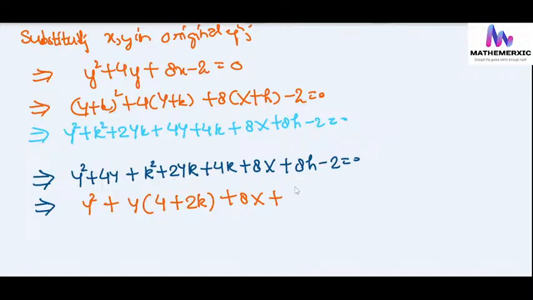There is an X term this way, and k is a constant here. Capital X is a variable here. So k square plus 4k plus 8h minus 2 is equal to 0.